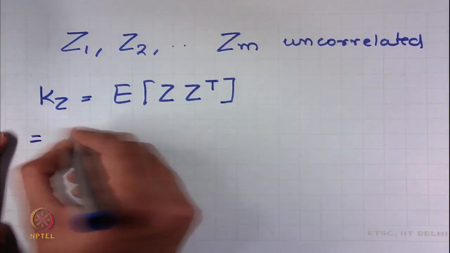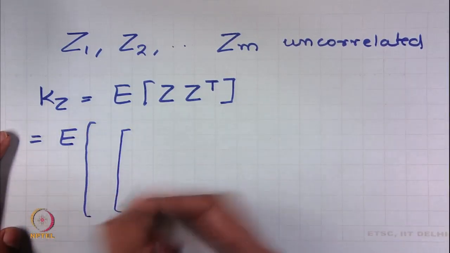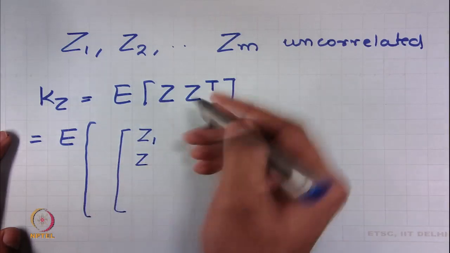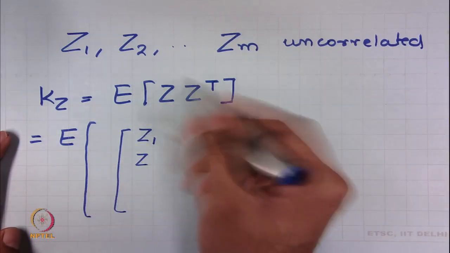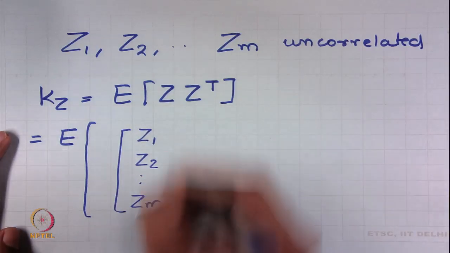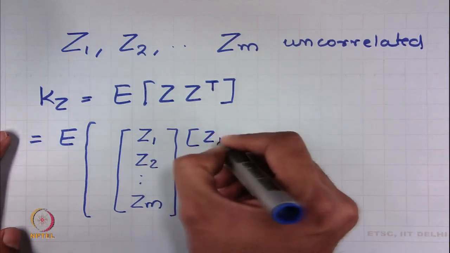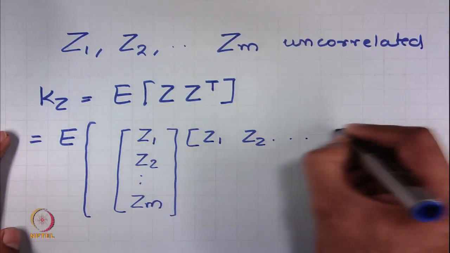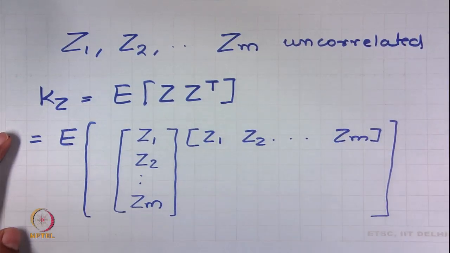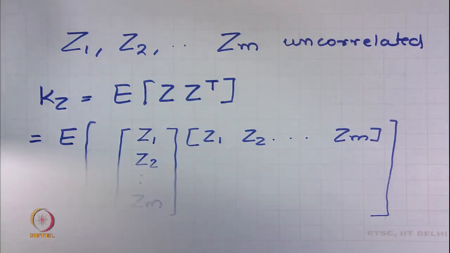And so, this is expected value of Z. What is Z? Remember, by notation we are assuming the vectors to be column vectors. So, this will be Z, Z transpose will be this, and we have done this several times.